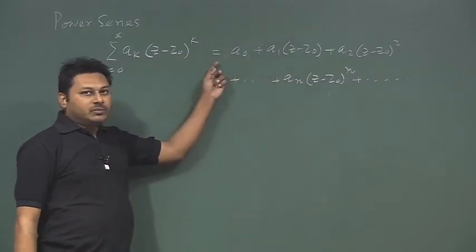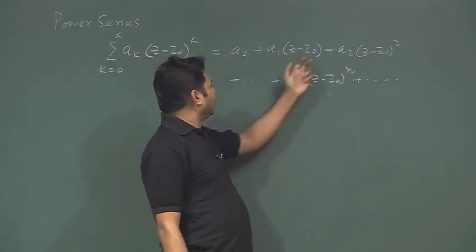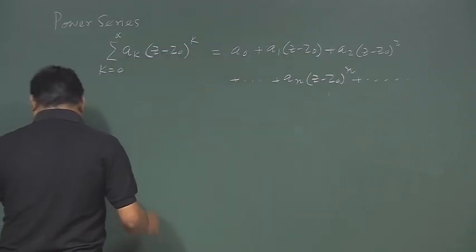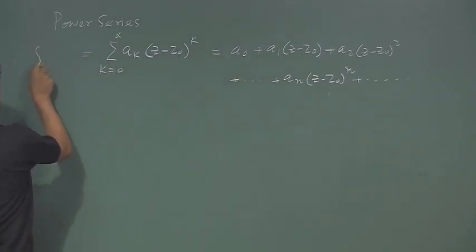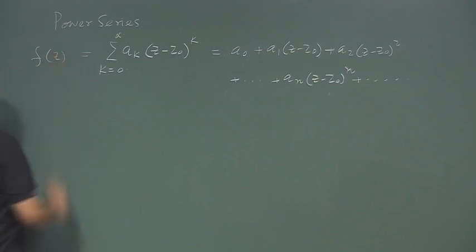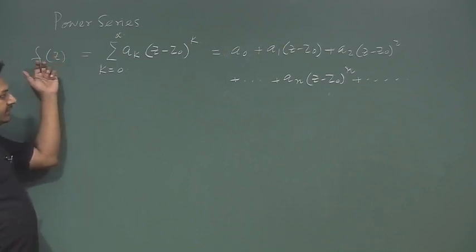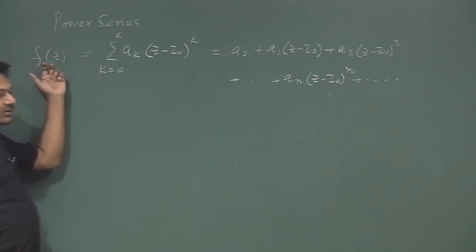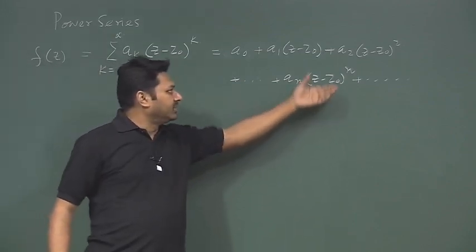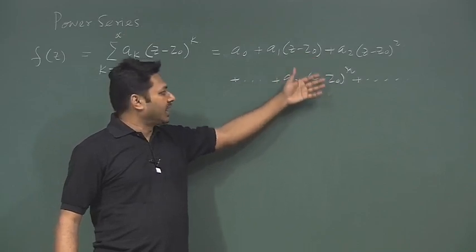So, it is a polynomial in z minus z0. If a function f z is represented in this series, then we can say this is an analytic function having nth order derivative, because if you take the derivative of this function, on the right hand side you can have the derivative of that.